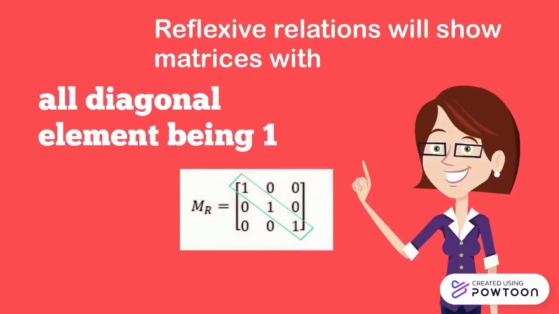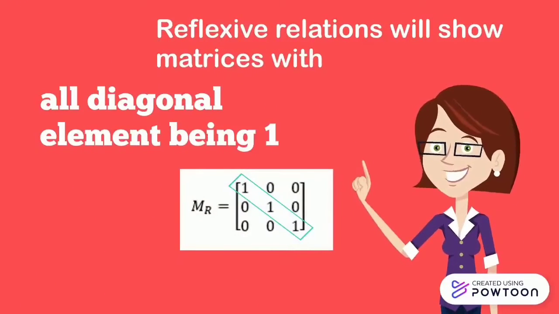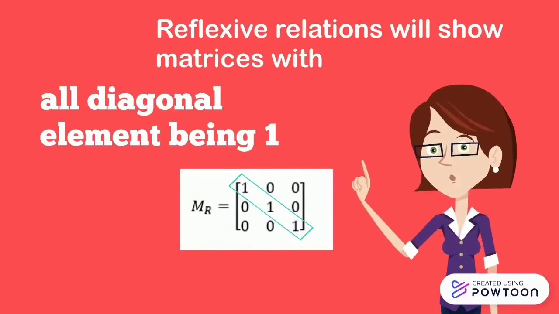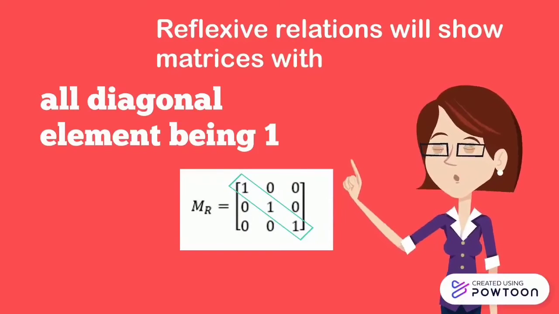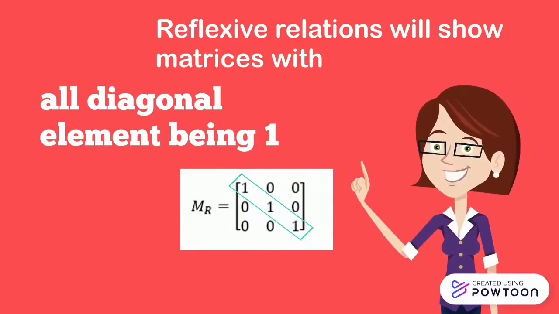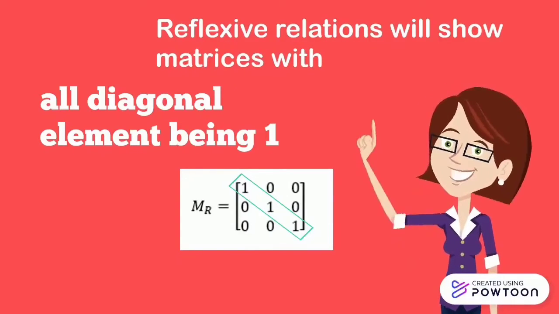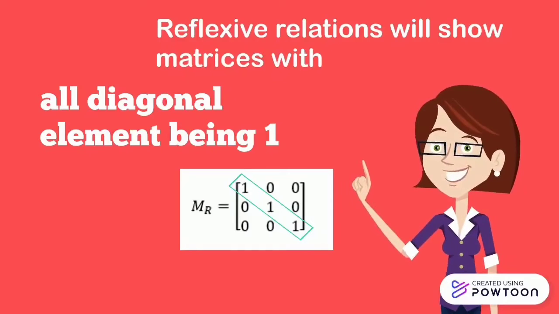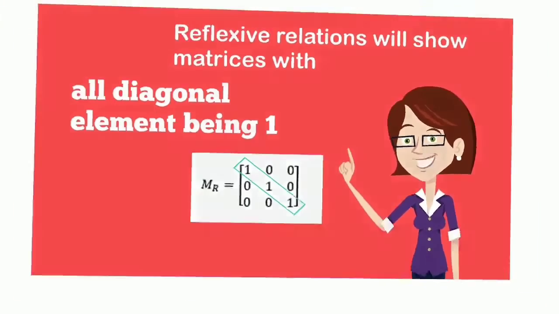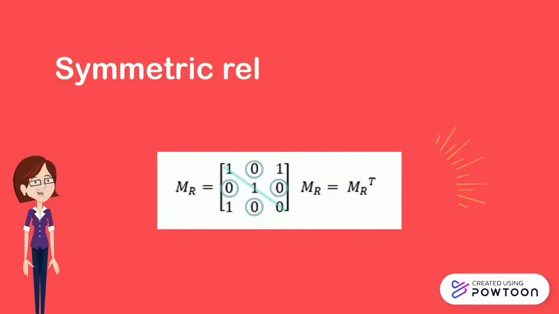There are some properties that are only applicable to square matrices. The first property is reflexive relation. A relation is a reflexive relation if all the diagonal elements of the matrix are 1. Here is the example. And the second property is symmetric relation.